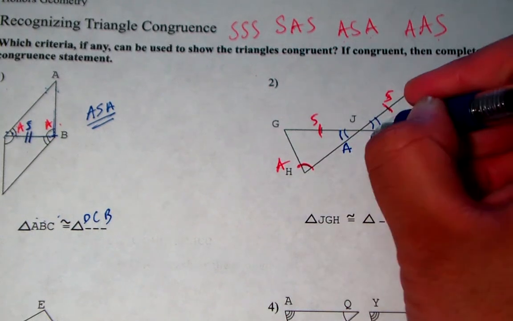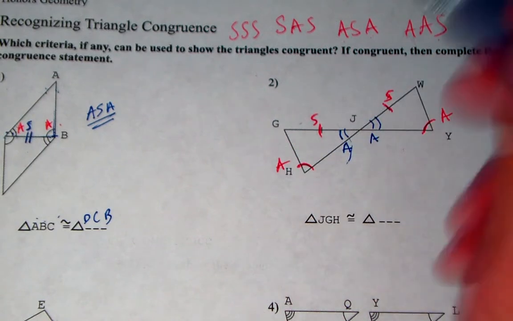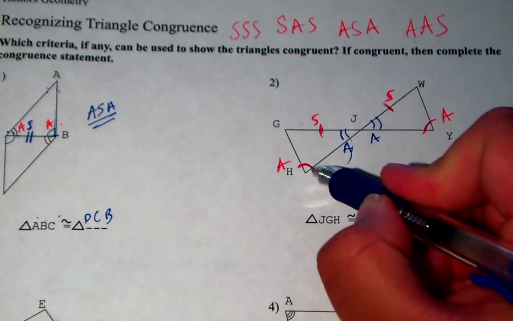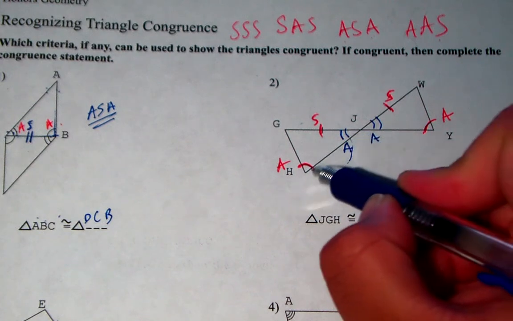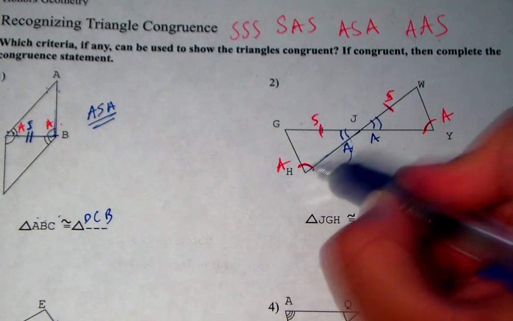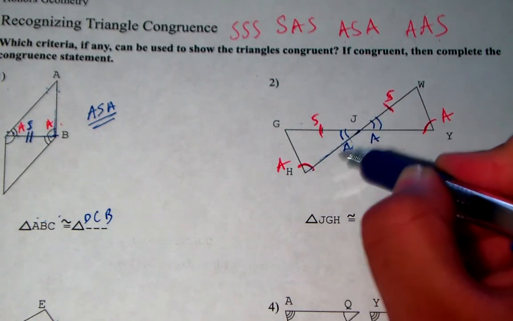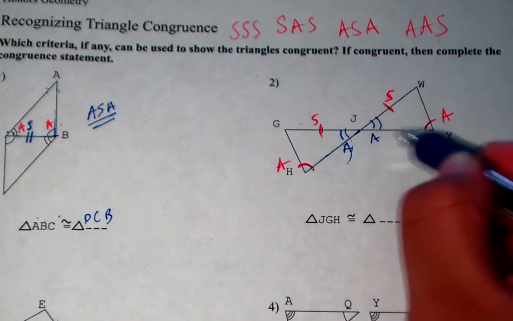Now you might think, well, okay, this appears to be ASA as well. But look carefully at the way the shape is oriented. You have these two angles, here in red and here in blue, right? In between them is this side length here. That's literally connecting the red to the blue. Is that the marked side? Well, I don't see any mark here. And likewise, between the blue and red angle over there is no mark between them either.